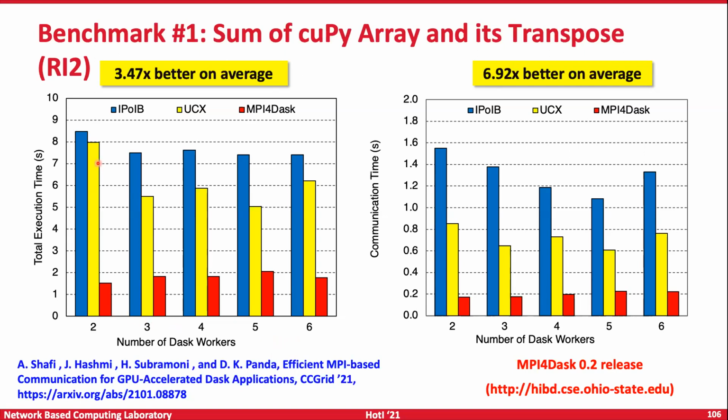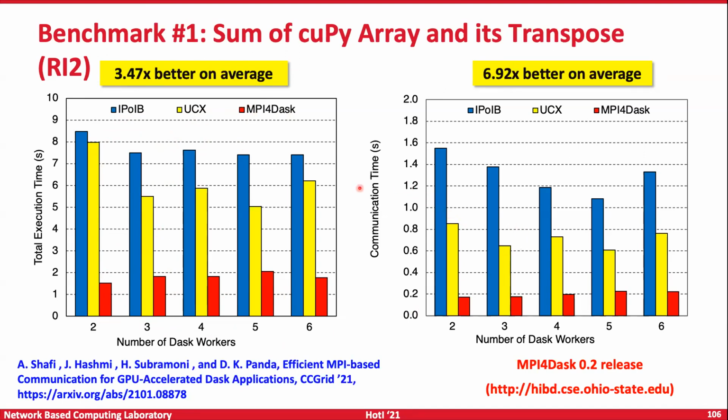As you can see, this blue line is TCP over InfiniBand, so we call that IP over IB. The yellow line is UCX based communication, and this red line is basically MPI4Dask. If we compare red with yellow and blue, the MPI communication device is performing much better, 3.47 times better on average than the UCX communication device.